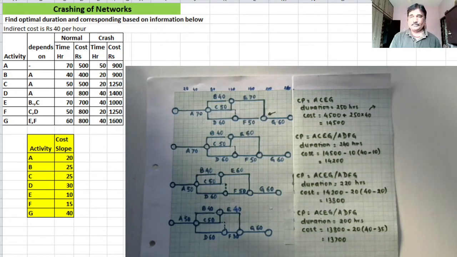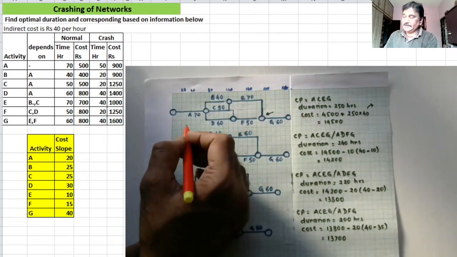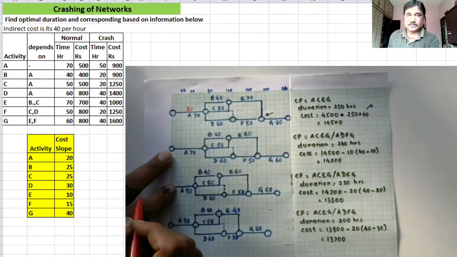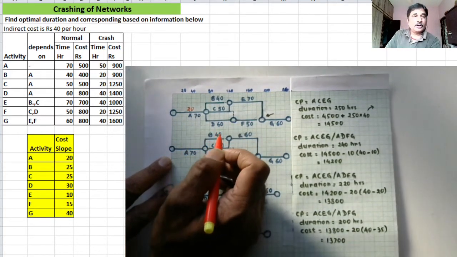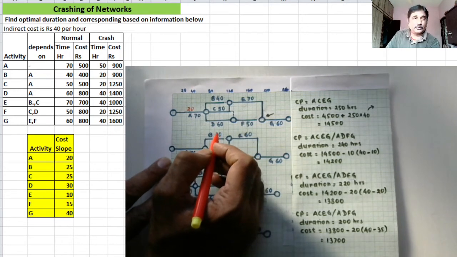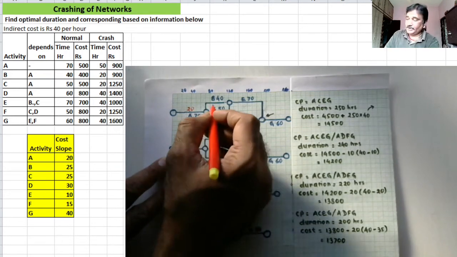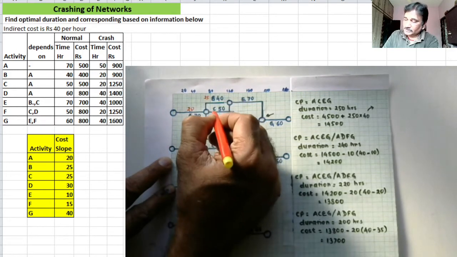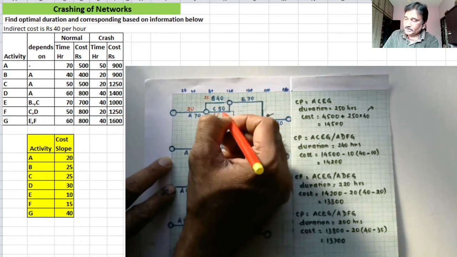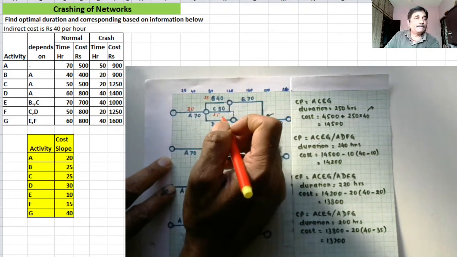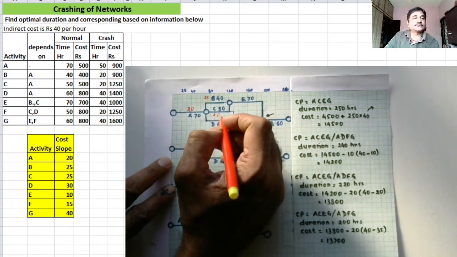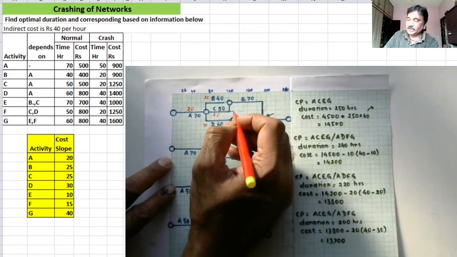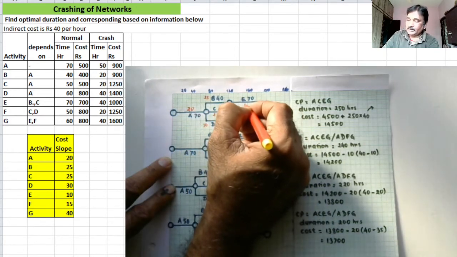All right. For A, the cost slope is 20, and for B it is 25. For C, it is also 25. For D, it is 30. For E, it is 10.